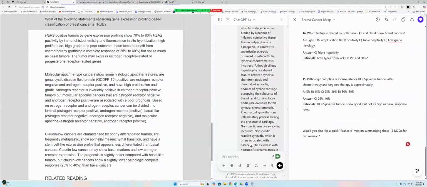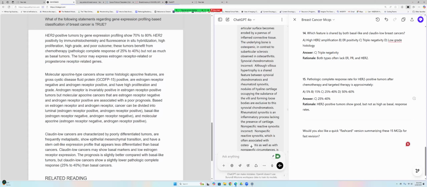Pathologic complete response rates for HER2 positive tumors after chemotherapy and targeted therapy is approximately what? 25 to 40%. So HER2 positive tumors show good response to trastuzumab, but only 25 to 30%, not as good as basal.